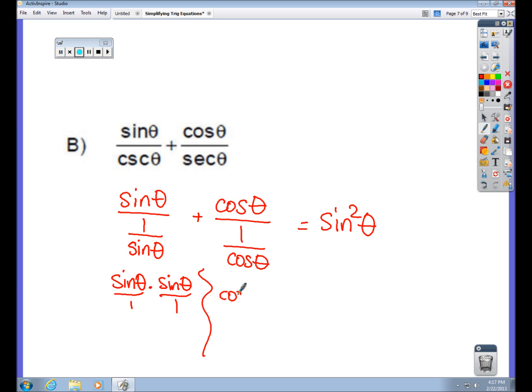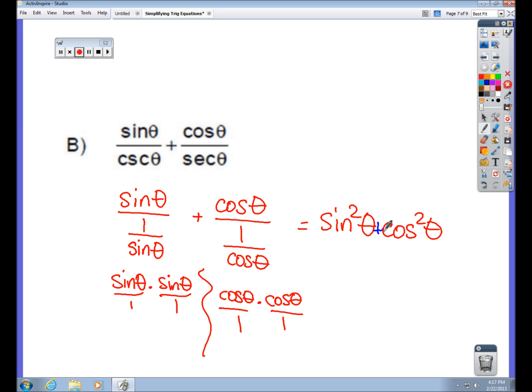So I have cosine times, instead of 1 over cosine, I'm going to flip it because division, you're going to flip the second fraction. So cosine over 1 times cosine over 1 is cosine squared. And I forgot to write my plus sign in the middle. Okay, so it should be sine squared plus cosine squared.